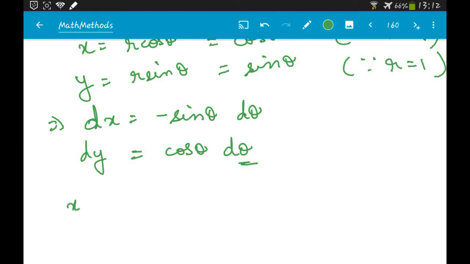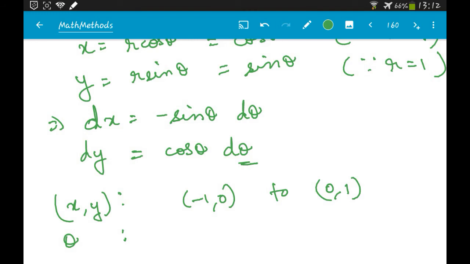So earlier x and y were going from (minus 1, 0) to (0, 1). Now when it is (minus 1, 0), theta is pi, and when it is (0, 1), theta is 0. So it goes from pi to 0, from here to here. Okay, this is your variation of the angle.